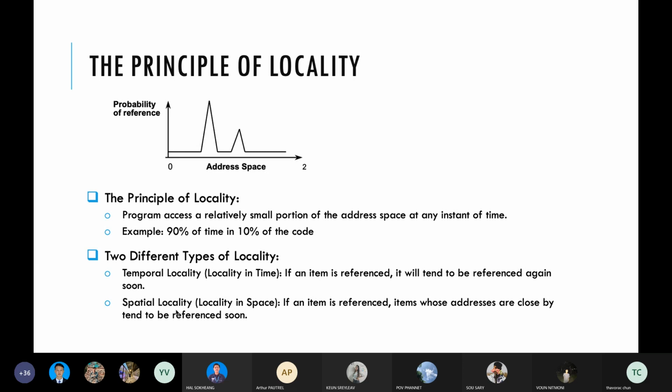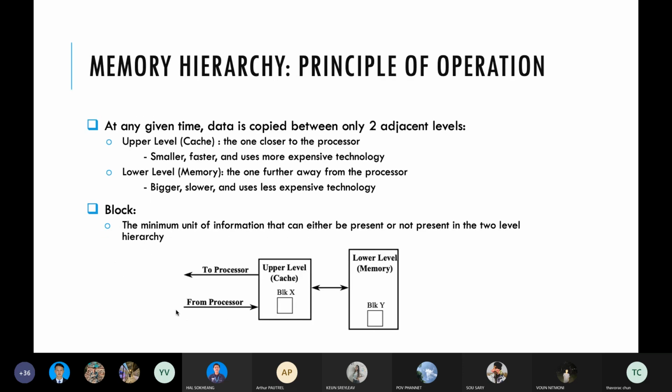Do you understand what I say? That's why they created the concept of block here. When the data is not found in cache and needs to be copied into the cache, it doesn't copy just the data that it missed, but also the whole block that the data resides on.